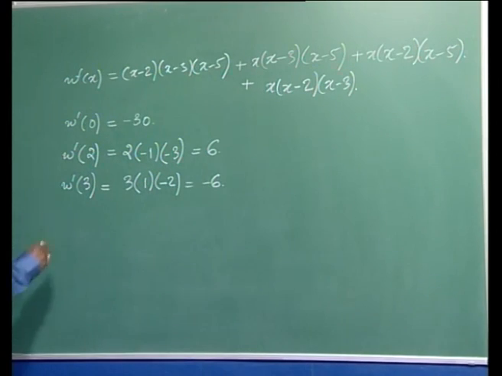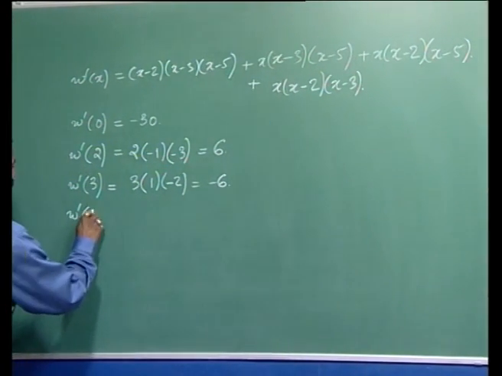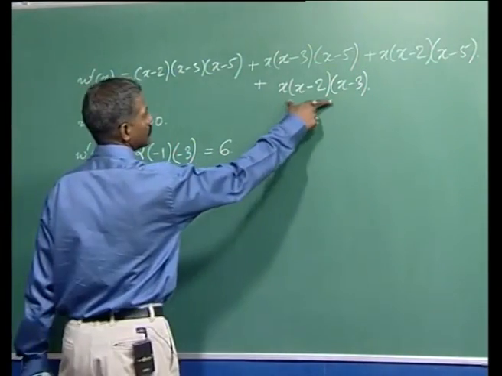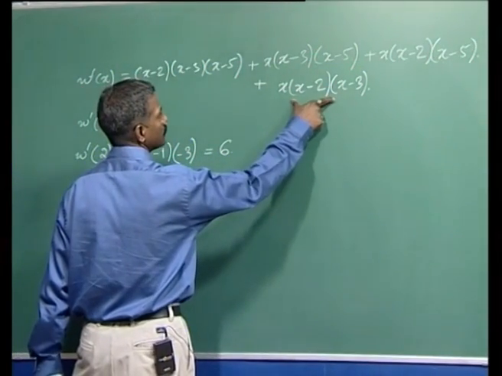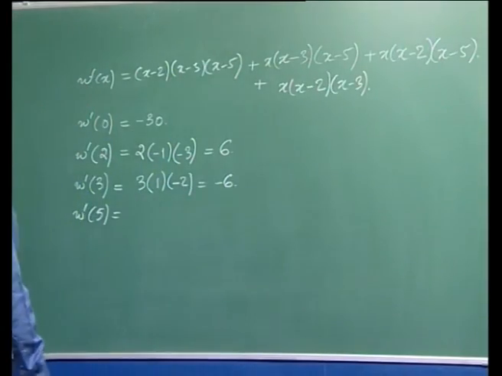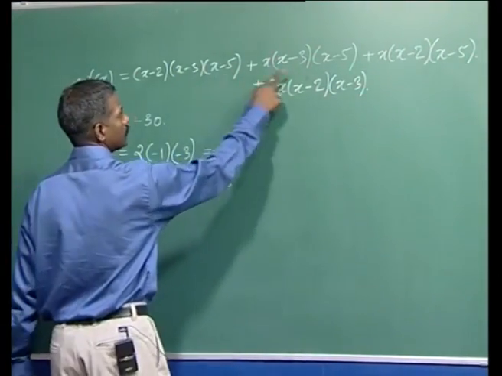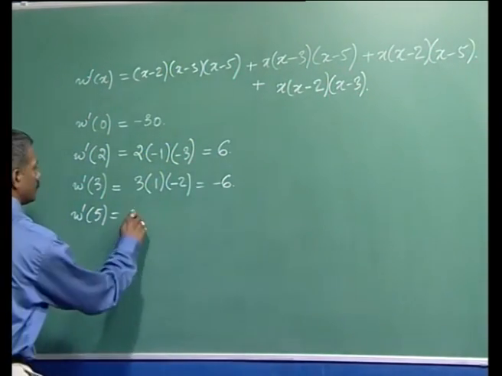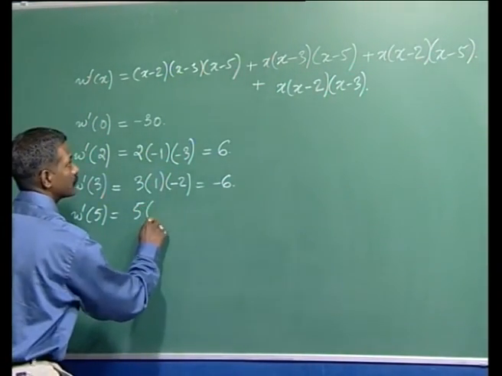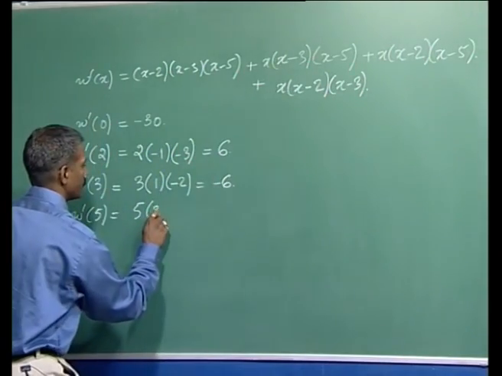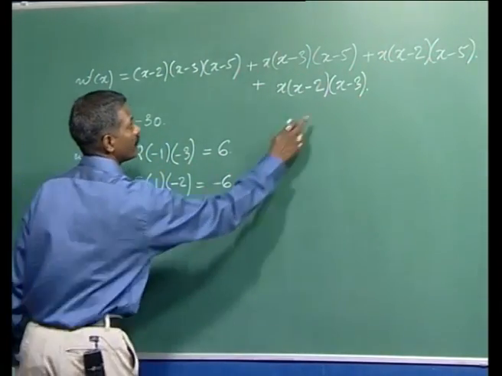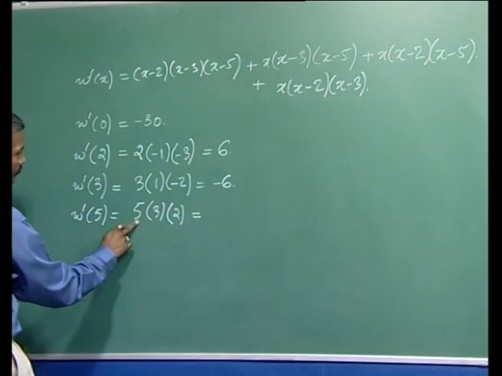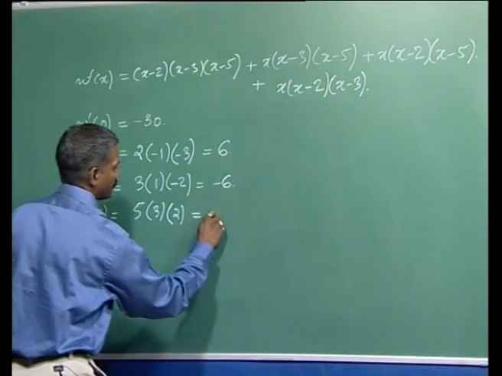And finally, w prime at 5 is equal to the terms corresponding to the last term here. This, and this, they'll all vanish. 5 times 5 minus 2 is 3, times 5 minus 3 is 2. This is equal to 30.